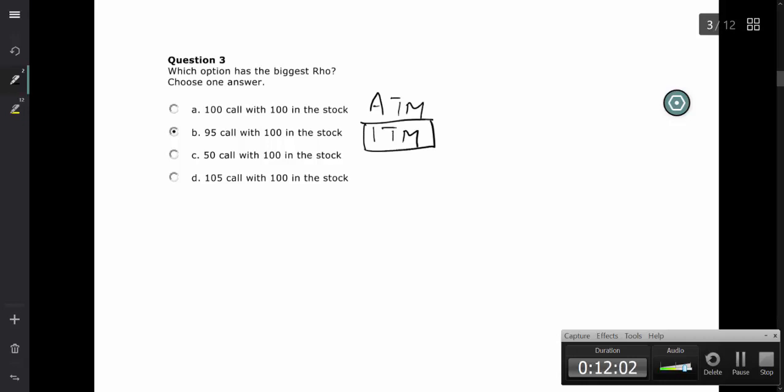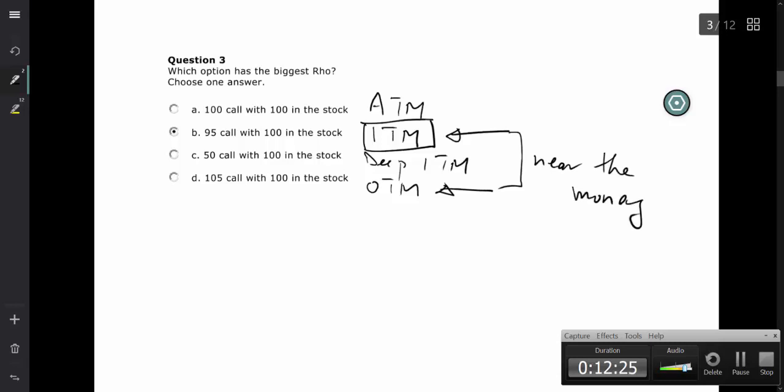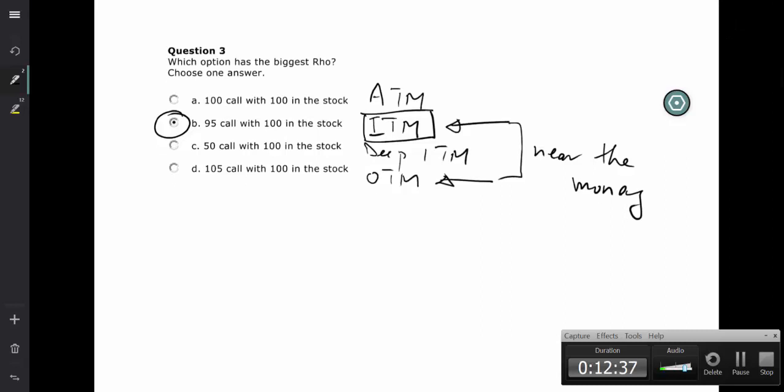This one is deep in the money, and this one is slightly out of the money. So these two are both near the money, but here we need to make a finer distinction. Even when you are near the money, it is the ITM side that I am looking at, and this is the option which has the maximum interest rate sensitivity.